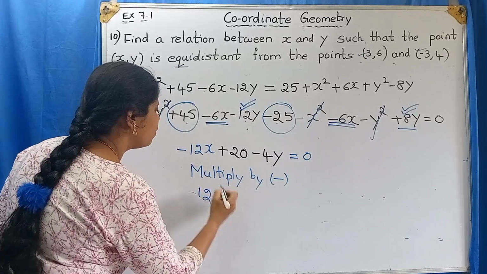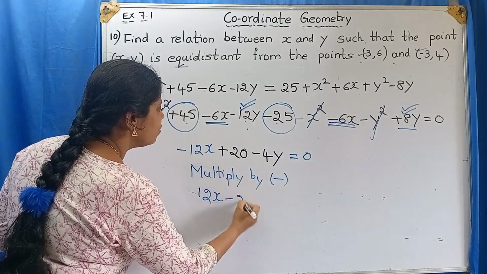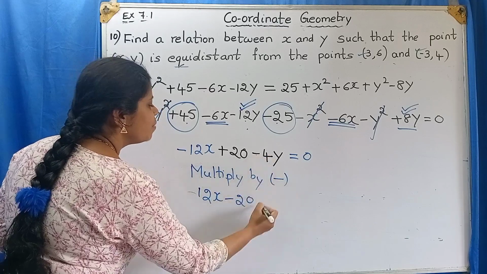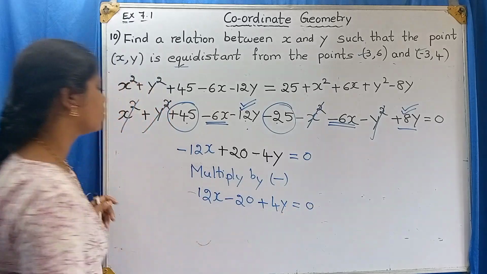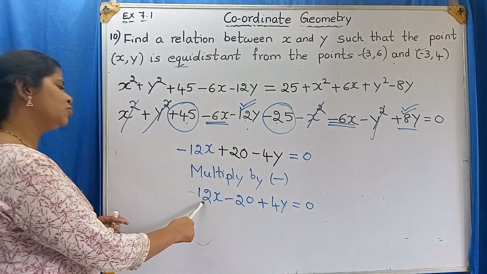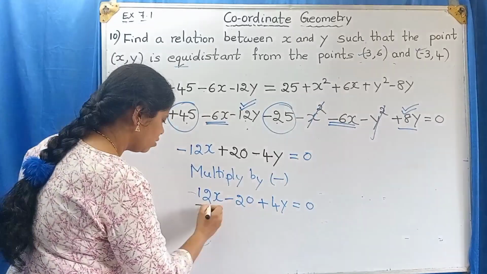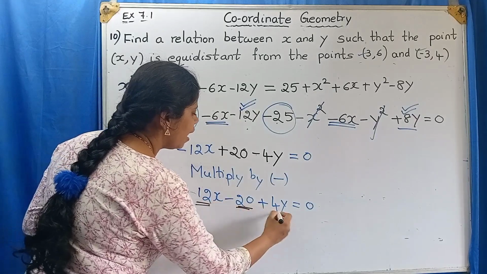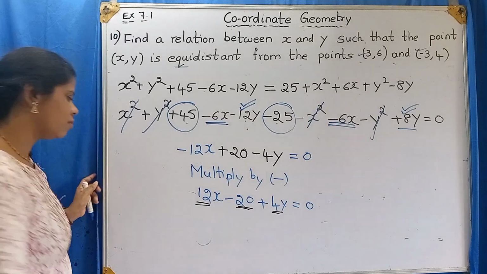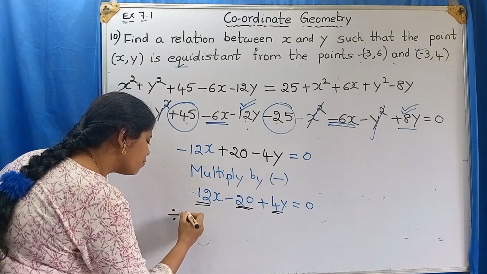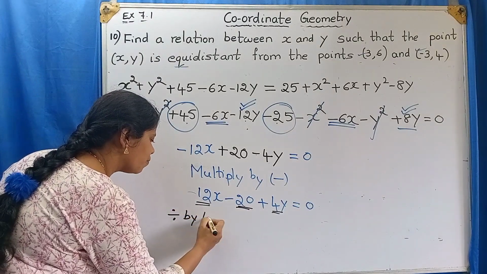Okay. Plus 12x minus 20 plus 4y is equal to 0. Now look at this. 12, 20 and 4. Which is common? 4 is common in all. So let me divide the whole equation by 4.